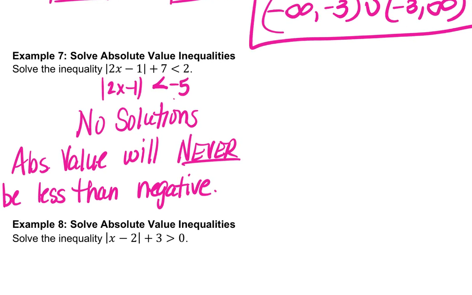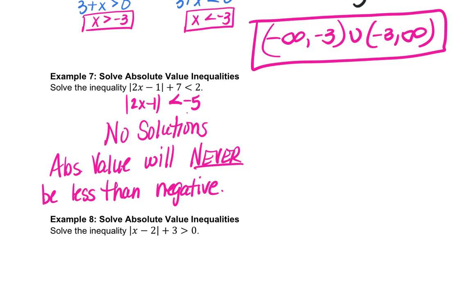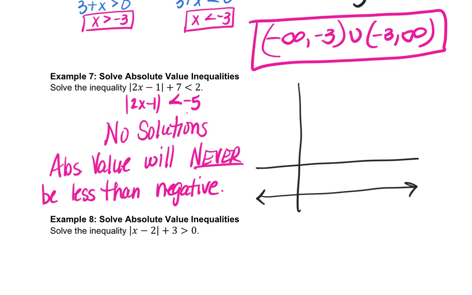So if you think about what it looks like as a graph, just for a second. If I were to graph negative 5 down here, absolute value is always up top. So this is your y equals the absolute value of 2x plus 1.